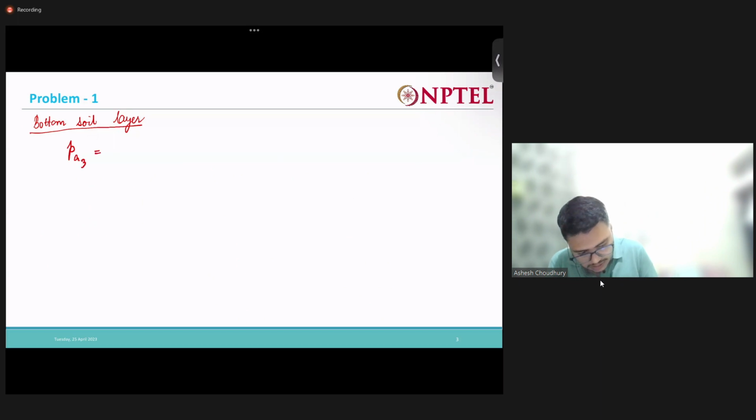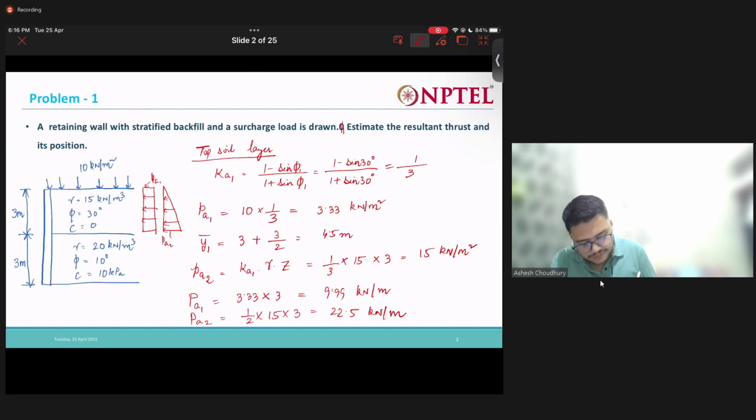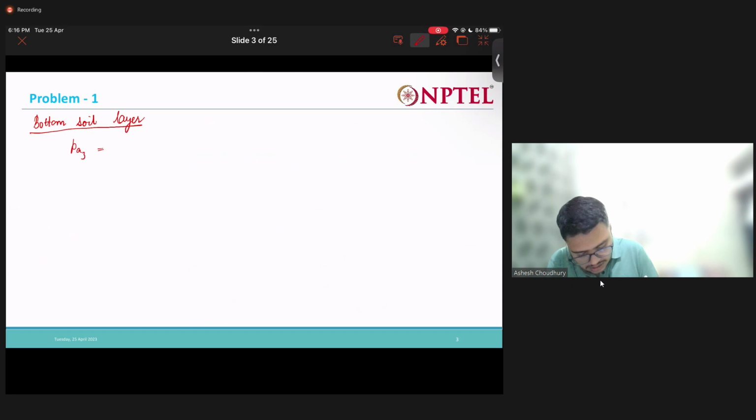Pa3 is nothing but (10 plus 15 into 3) into K2. So what is our K2? 1 minus sine 10 degrees by 1 plus sine 10 degrees, it was 10 degrees, right?